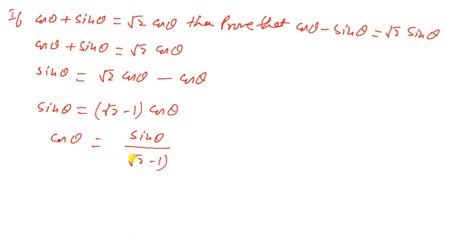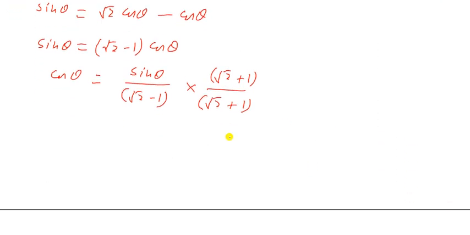So what will happen? We can find the value of cos theta. It is sin theta upon under root 2 minus 1. Now multiply for rationalization by under root 2 plus 1, and here also under root 2 plus 1.